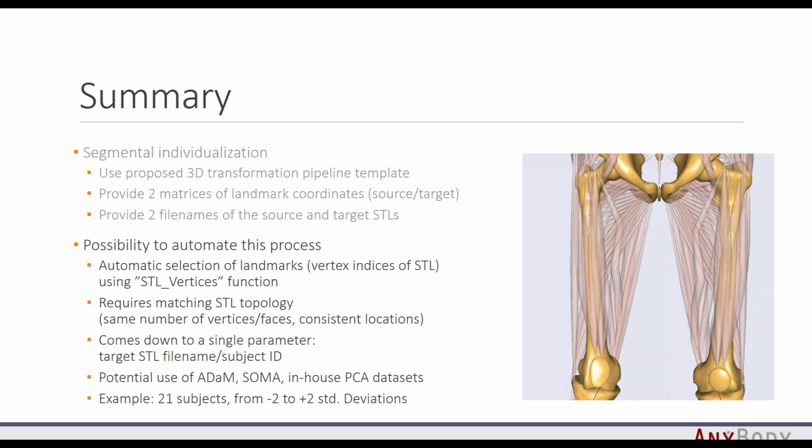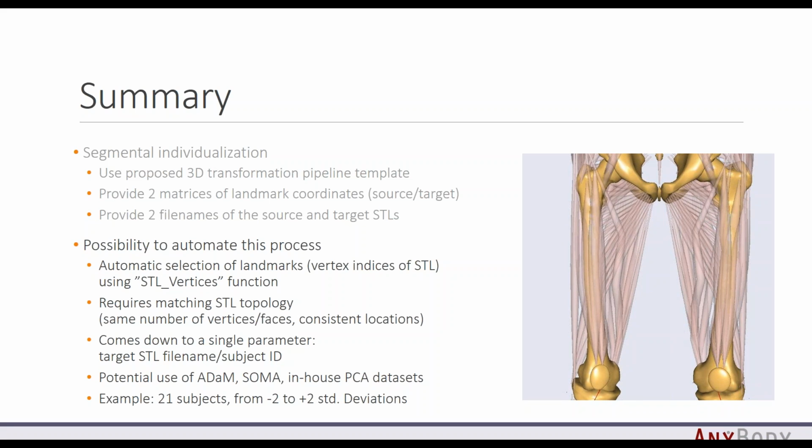Then we can simply select landmarks from such an STL surface, and after that it comes down to specifying the name of the STL file, or it can be wrapped into a subject ID. That also highlights that we can potentially use ADAM datasets, information from the SOMA environment, and we internally use PCA datasets.